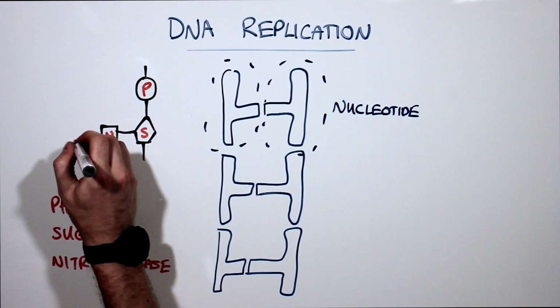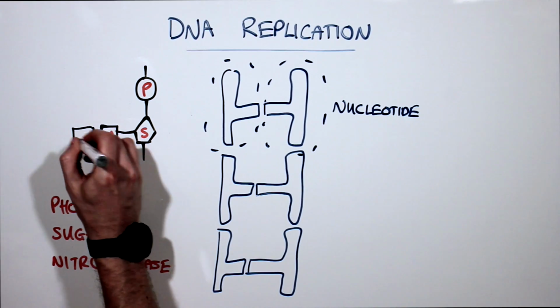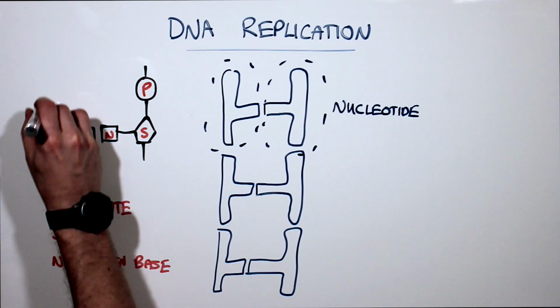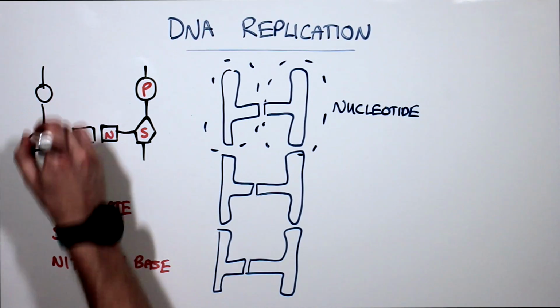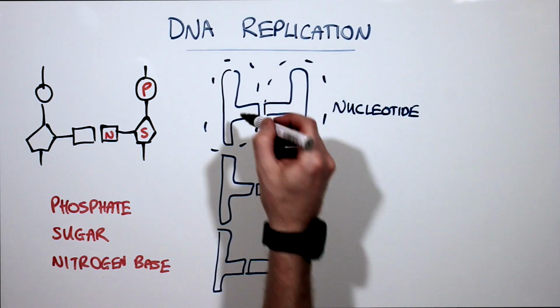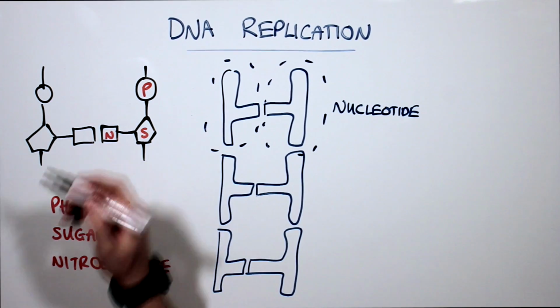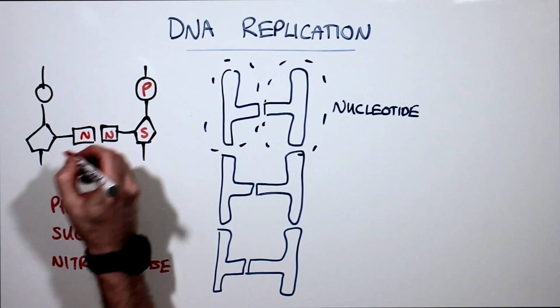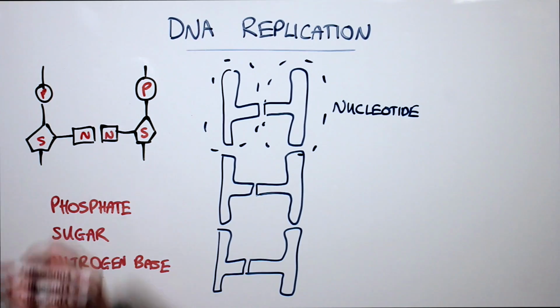Now I can easily redraw the opposite one. So you'll see here that I have the same shape again. Remember, I've got the T that's kind of flipped over. So this time I'm going to have a nitrogen base here, a sugar here, and a phosphate here.